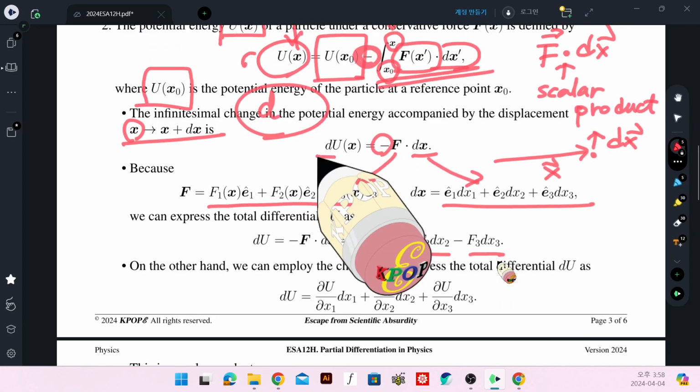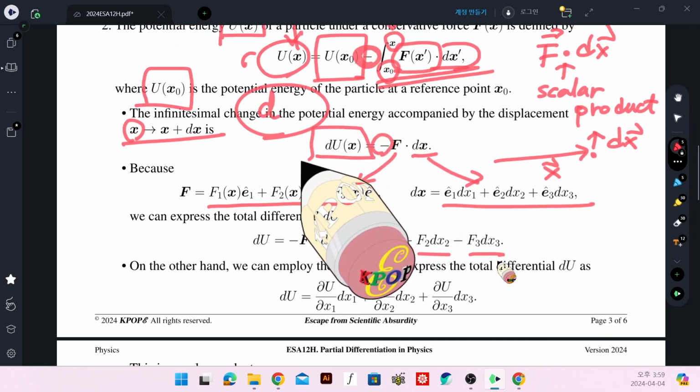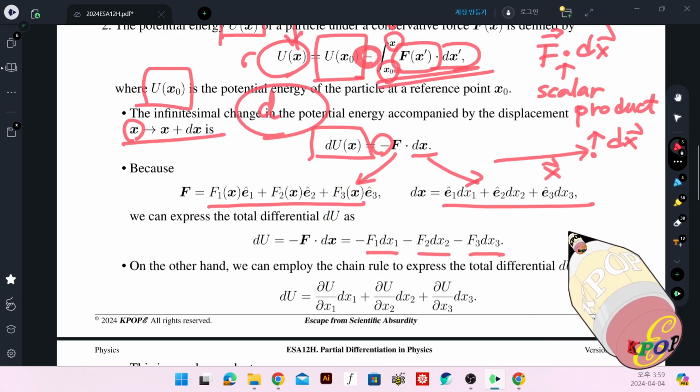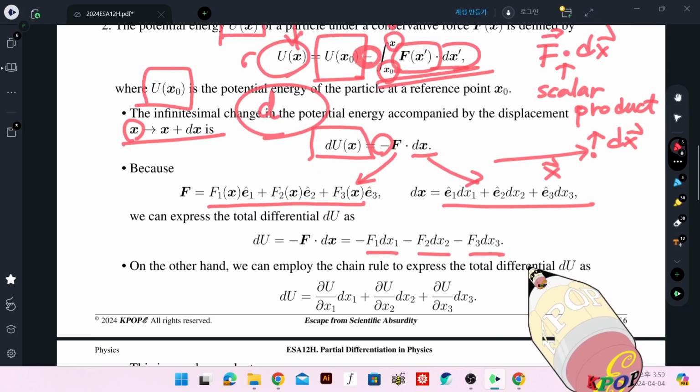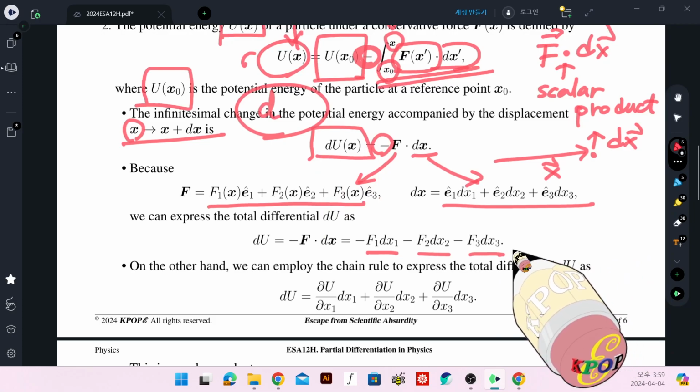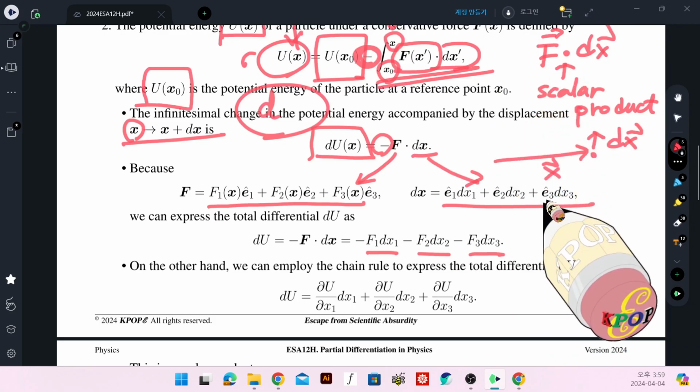We assume that the potential energy is a function of position only, and we assume it is independent of velocity. If it depends on the velocity, the story becomes very complicated. It appears in electromagnetism, but we are not familiar with the very complicated electromagnetism.